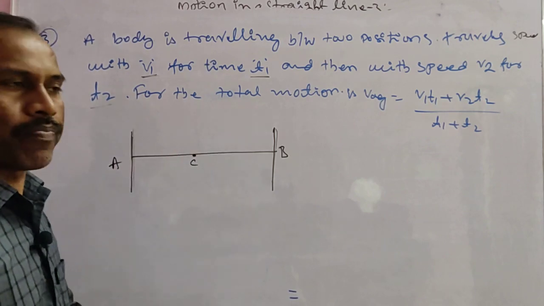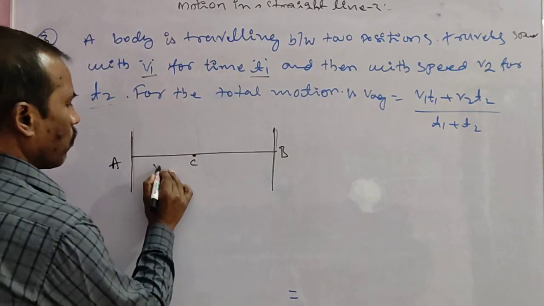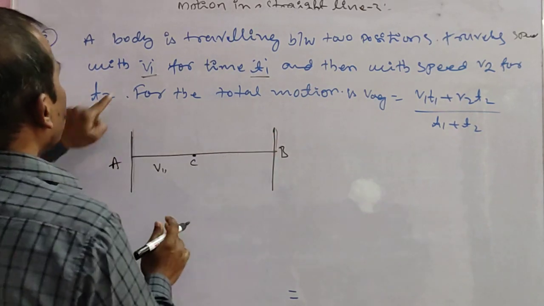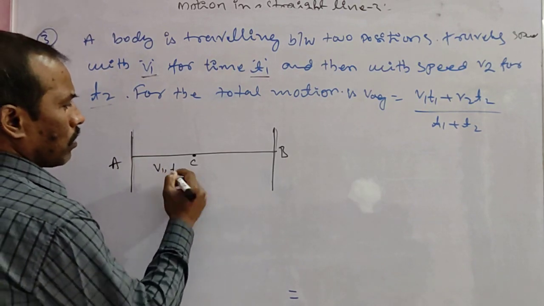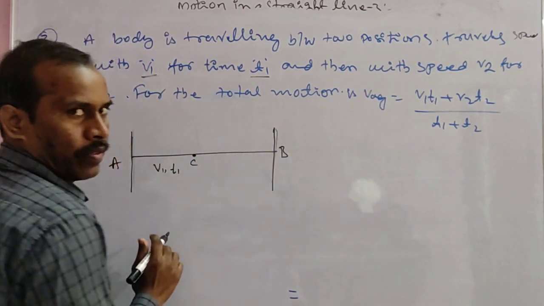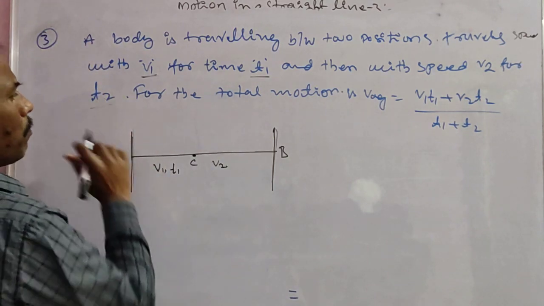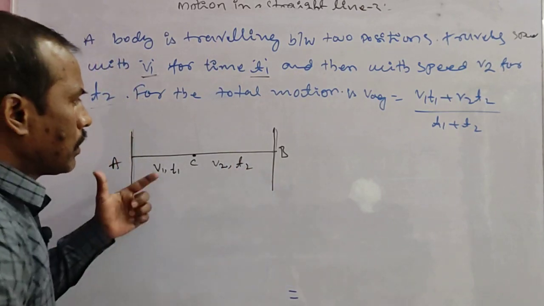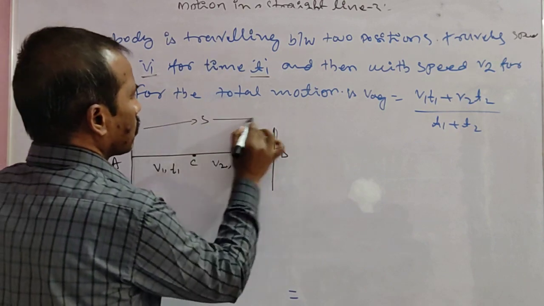Here the body moves with velocity v1 for time t1, and the next speed from C to B is v2, and the time taken to reach the point B is t2.